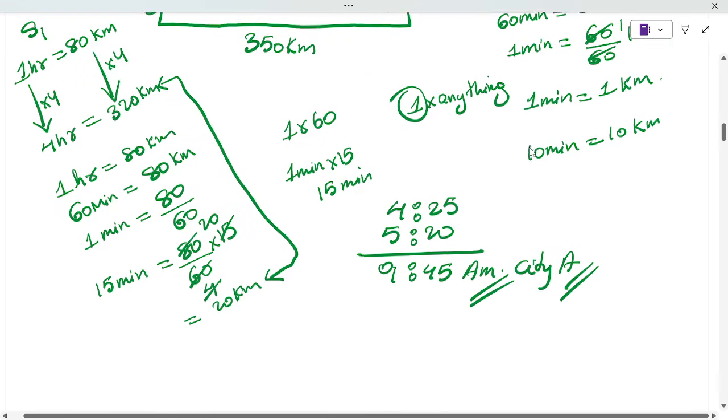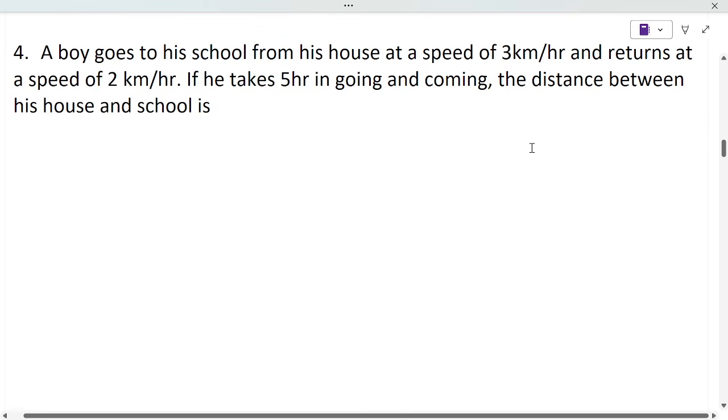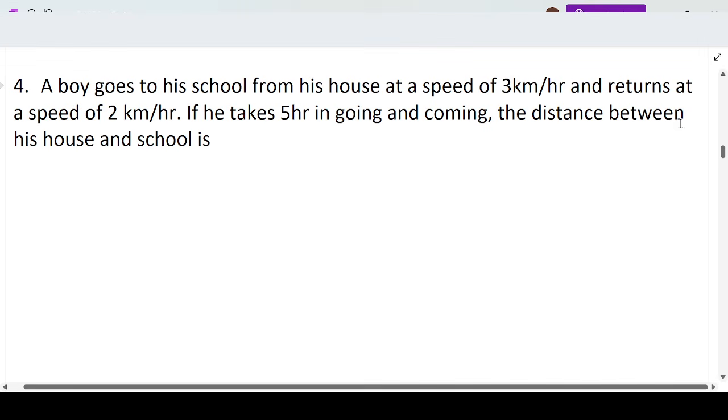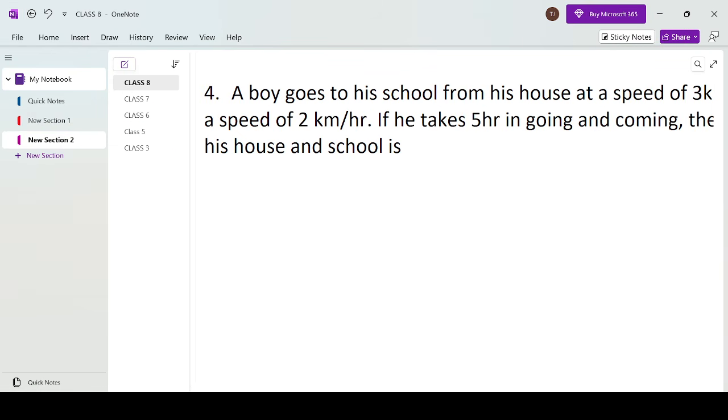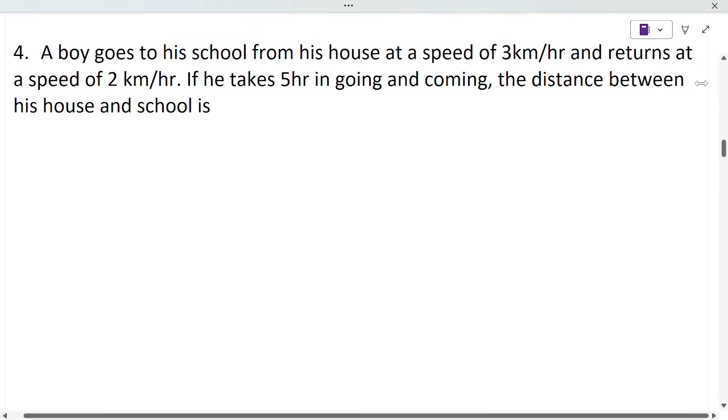Okay. Next one. Next one is: a boy goes to school from his house at a speed of 3 km per hour and returns back home at a speed of 2 km per hour. He takes 5 hours in going and coming.